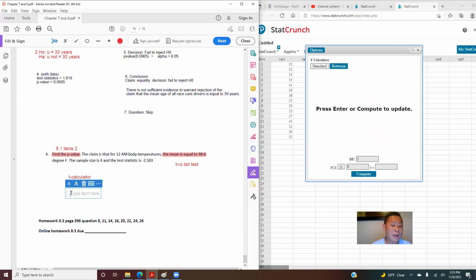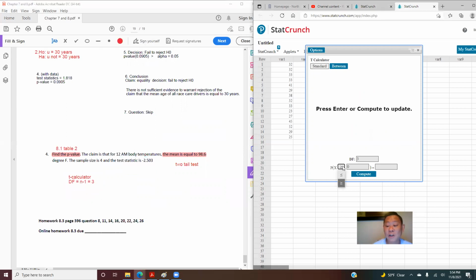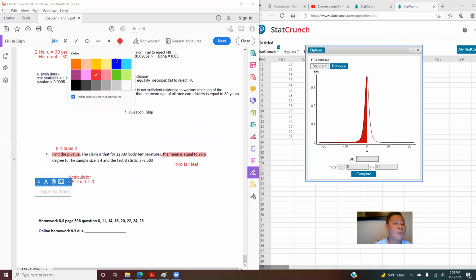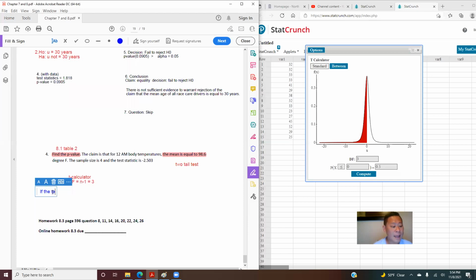So you have to change this into 3. Okay. And now since your test statistic is negative, this is something you need to watch out for: if your test statistic is negative, you actually use less than. Let me make a little note here for yourself, very important. If the test statistic is negative, you use less than.